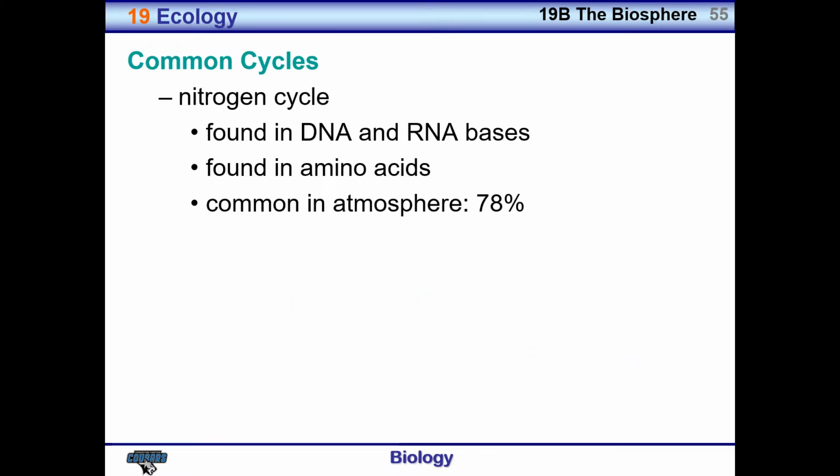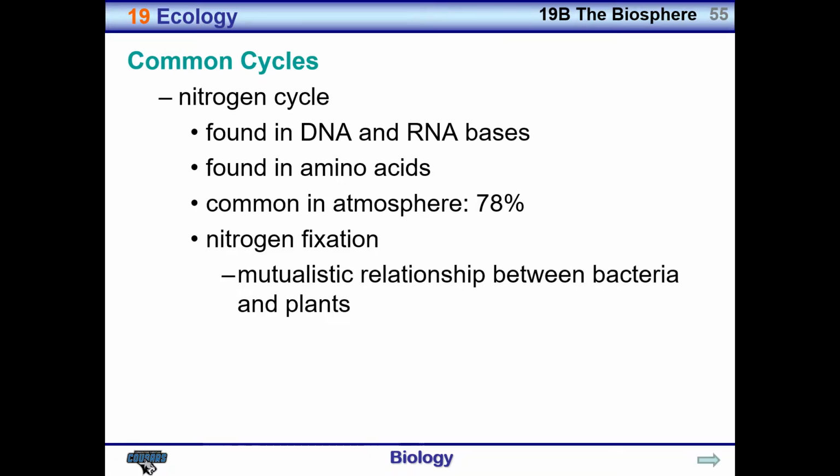Nitrogen itself is pretty common in the atmosphere. It's 78%, but most of the nitrogen that's in the atmosphere is useless to most living things. So how does nitrogen then become available for living things to use? That happens through a process called nitrogen fixation.